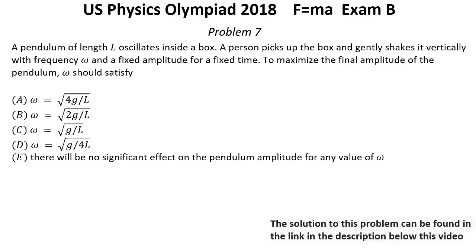Because this happens twice, when the pendulum is moving down and moving up, there must be 2 oscillations per oscillation of the pendulum. So omega must be equal to 2 times the square root of g over L, which is answer A. That was the solution for problem number 7.